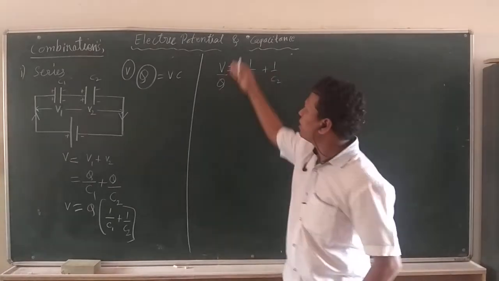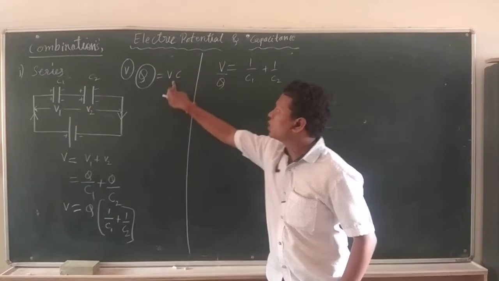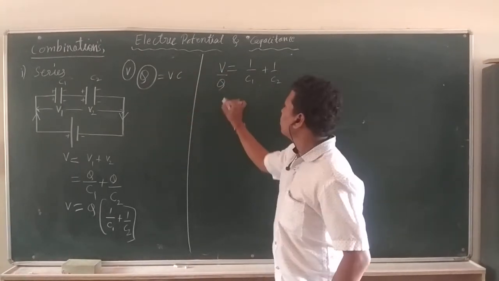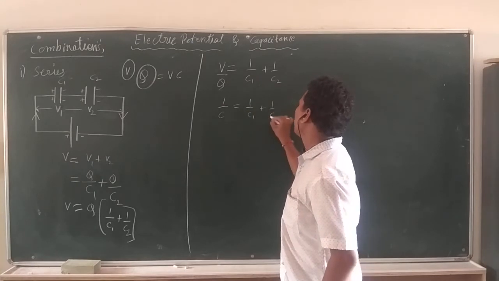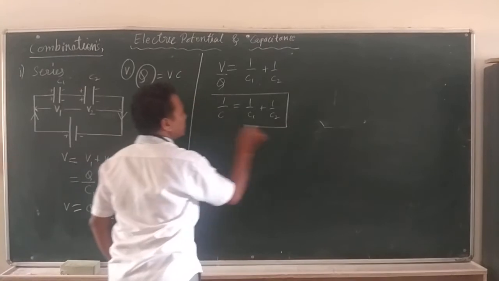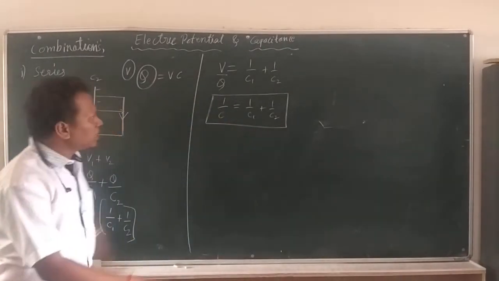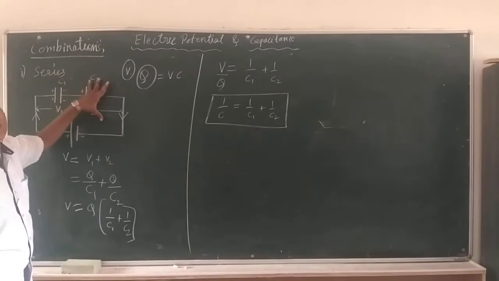Remember the vice captain formula: what do you mean by V by Q? V by Q is nothing but 1 by C. So 1 by C is equal to 1 by C1 plus 1 by C2. This is the total capacitance of these two capacitors in series combination.